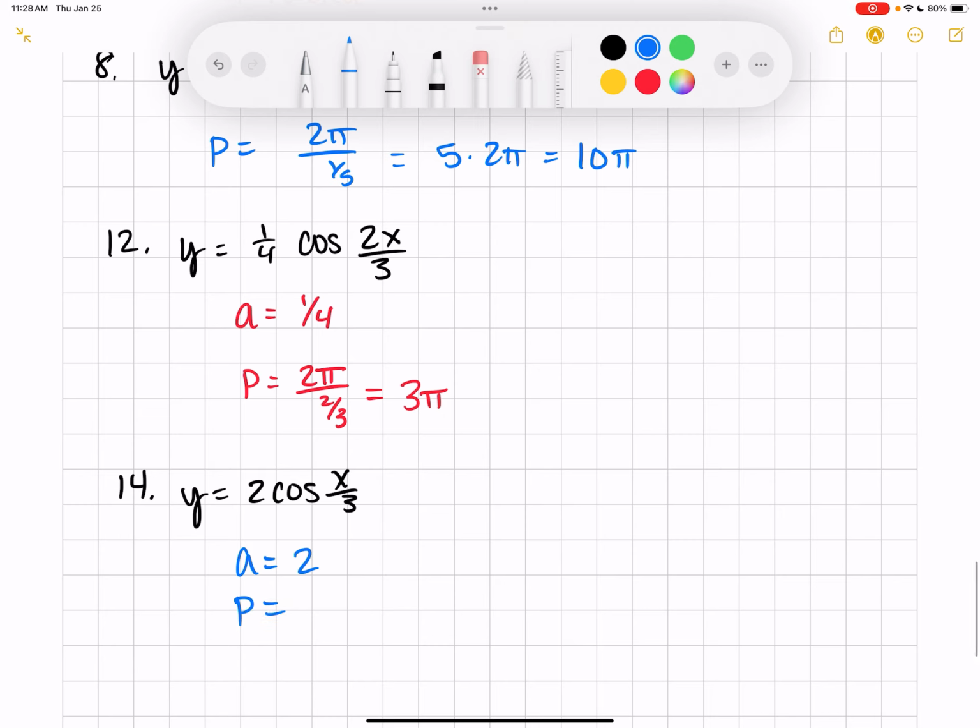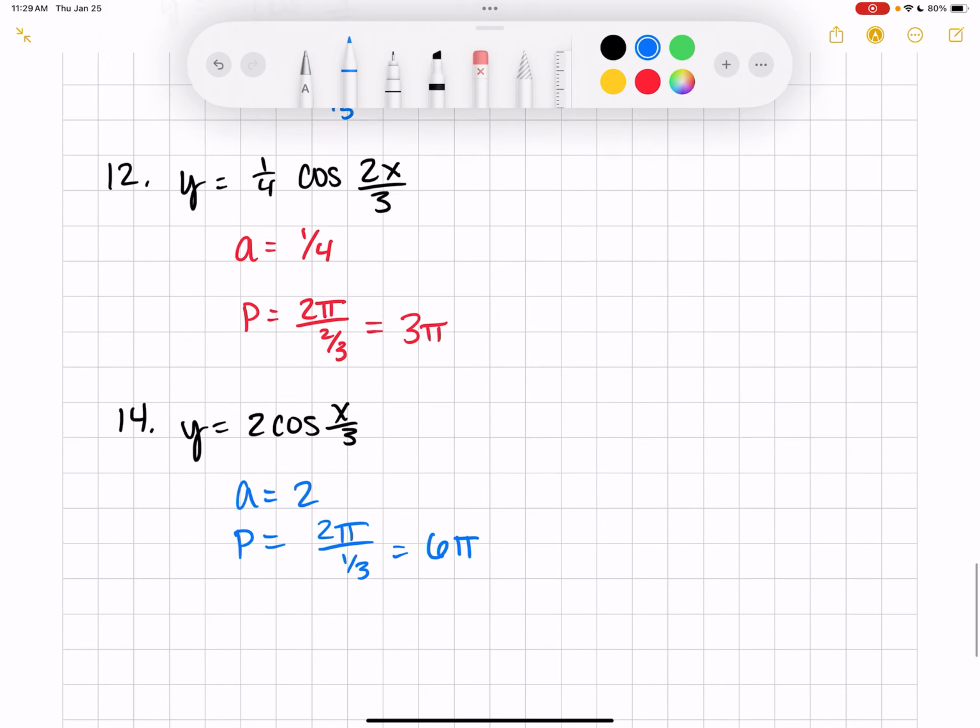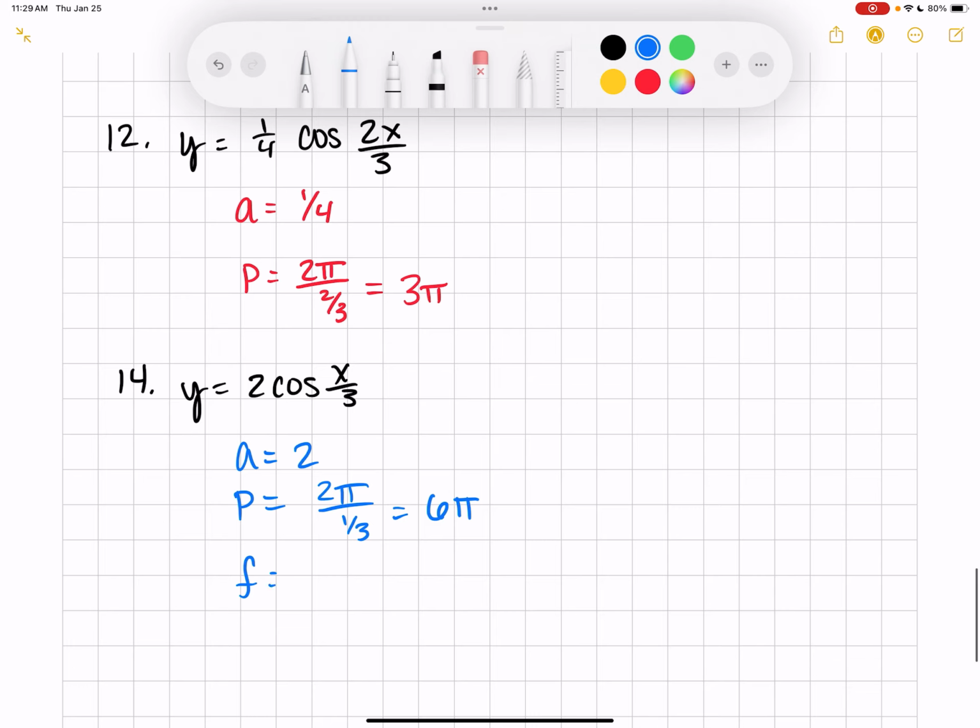Period is 6 pi, so 2 pi over 1/3, which turns into 6 pi. Then frequency would be 1/3 over 2 pi, which just ends up being 1 over 6 pi. Which, yes, you could just invert the period. I know that's what you're about to ask me.